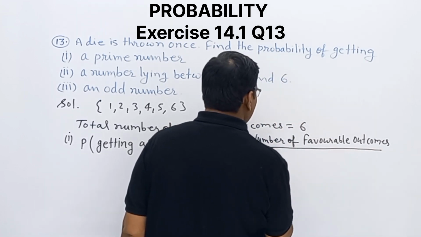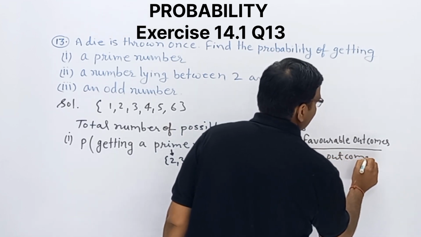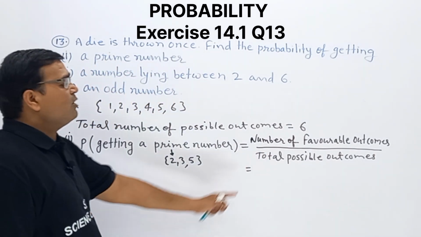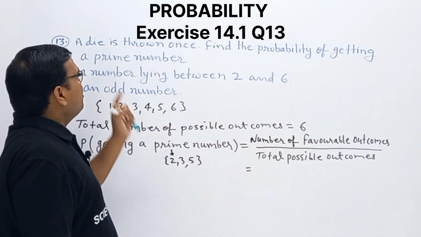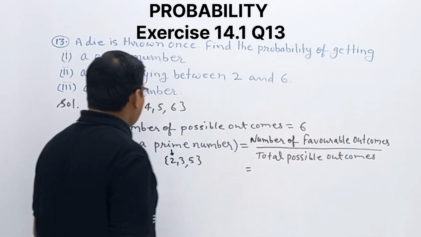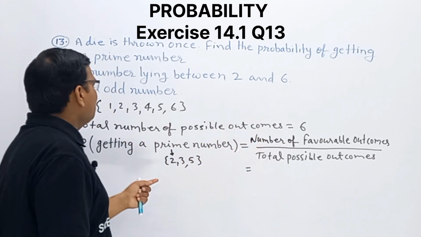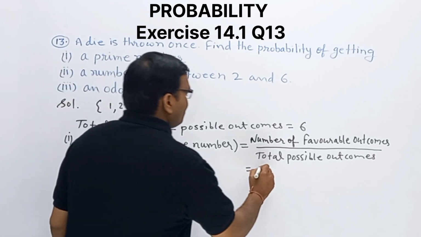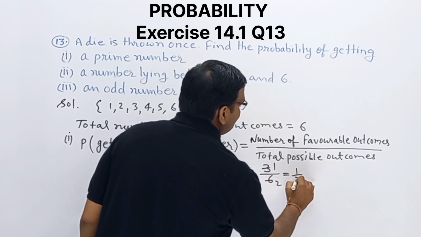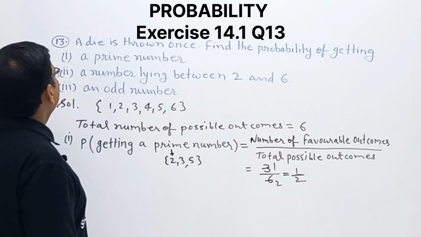Total possible outcomes, once we throw a die, is 6. So the probability of getting a prime number is 3 divided by 6, which is 1 by 2. This is the solution for the first one.